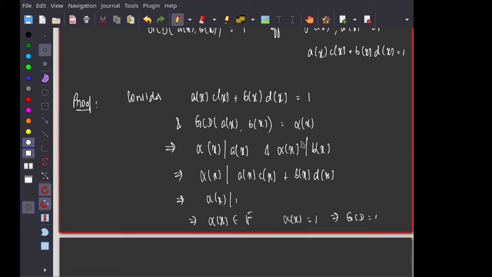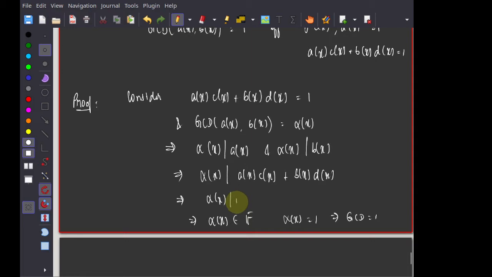I won't redo the entire proof, but suppose that instead of a of x, b of x, c of x, d of x, I have integers a, b, c, d. So I know that the GCD is equal to alpha. Therefore, alpha divides a and alpha divides b. So alpha divides AC plus BD. Alpha divides 1. The only integer which divides 1 is 1.